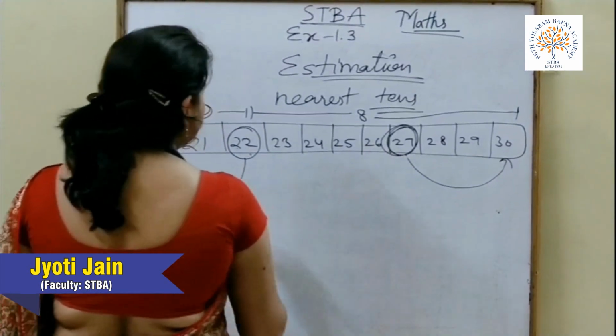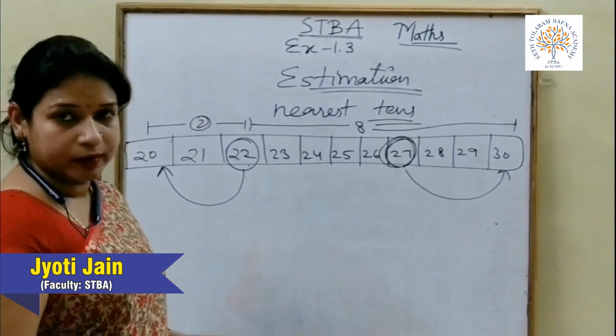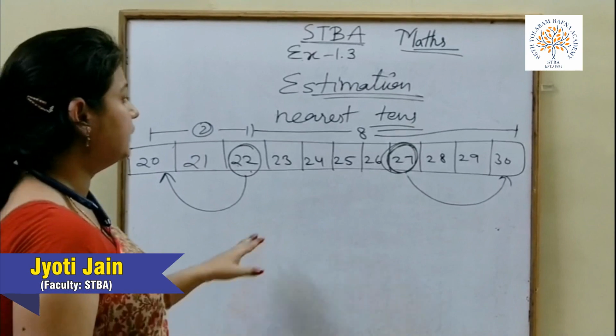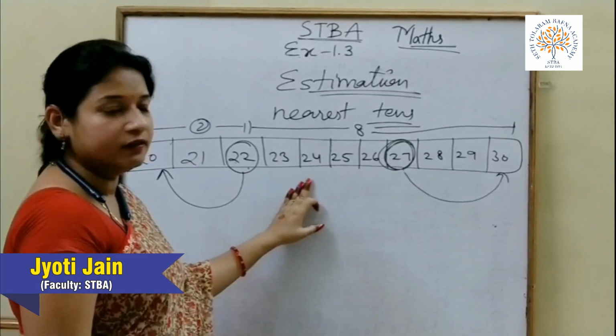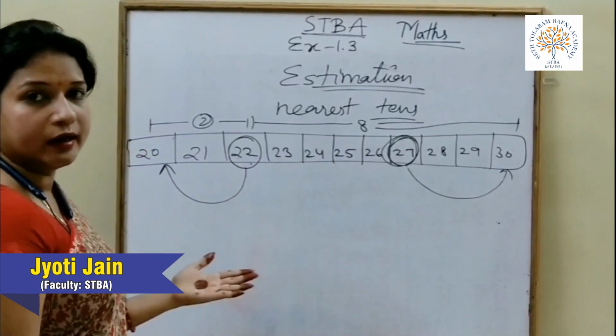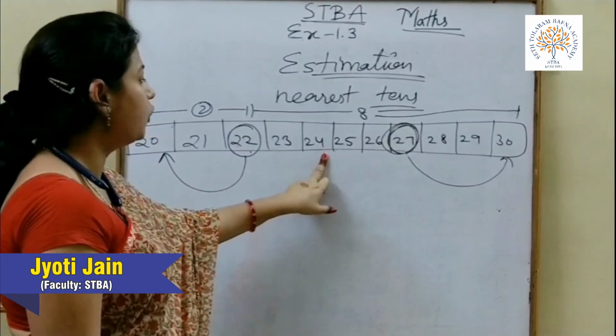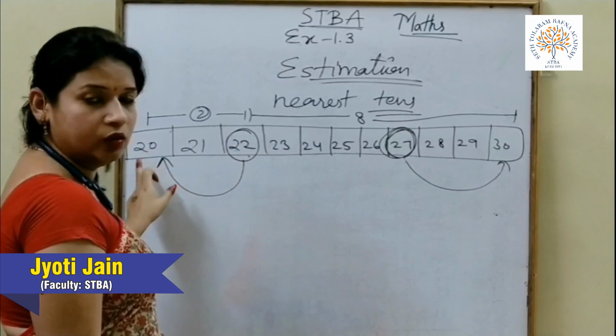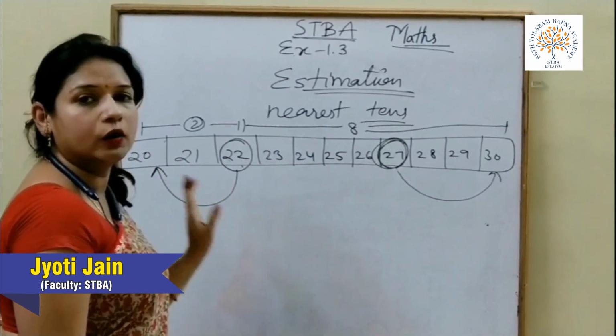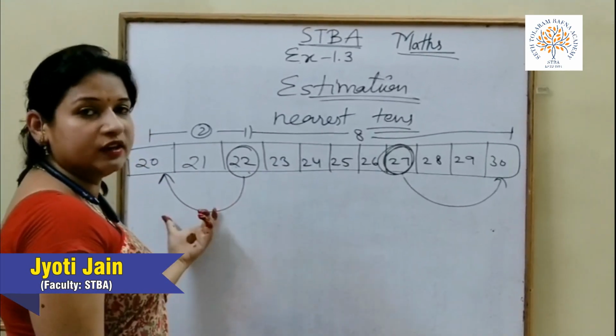So the rule is, if the ones place digit of the given number is less than 5, the number is rounded off to the previous tens. Less than 5 means 4, 3, 2, 1 or 0. That number will be rounded off to the previous tens.